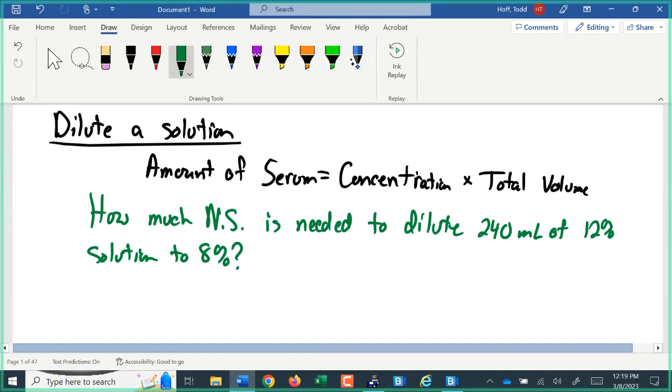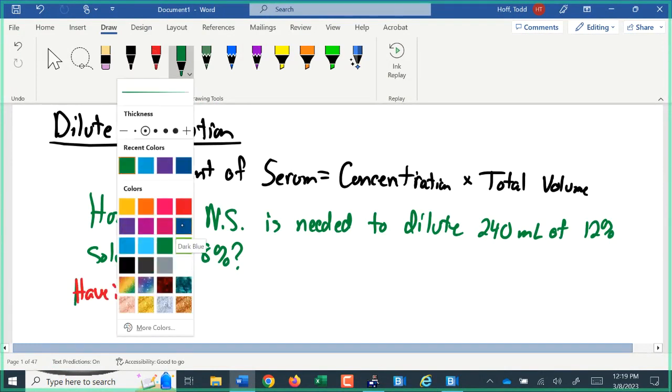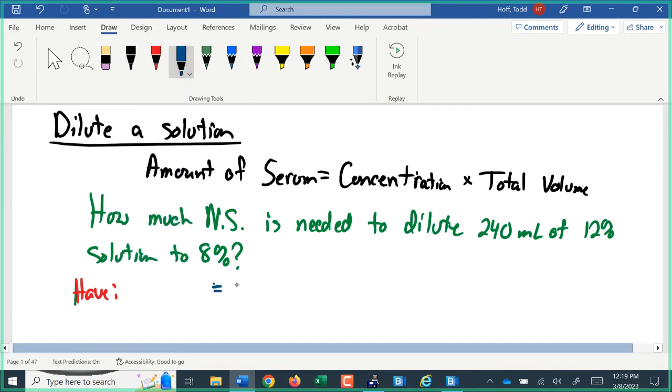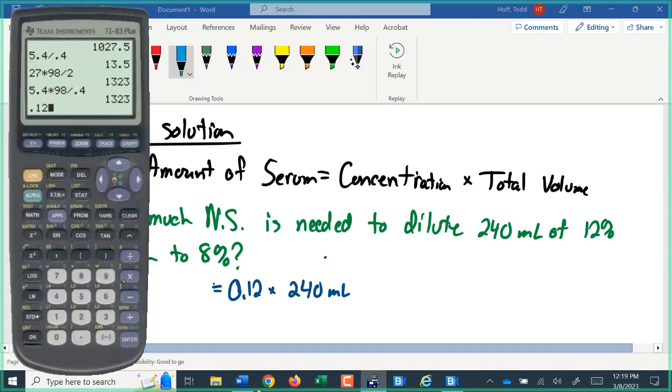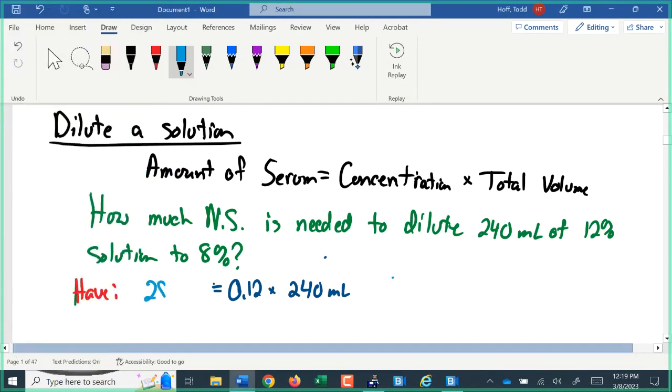So we're going to start out with what we have. We have 12%, so that's 0.12, and we have 240 milliliters of it. If we multiply that out, 0.12 times 240 gives us 28.8 milliliters of serum in that original solution.